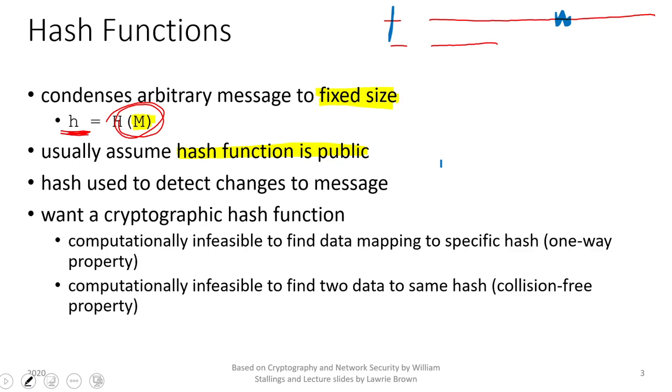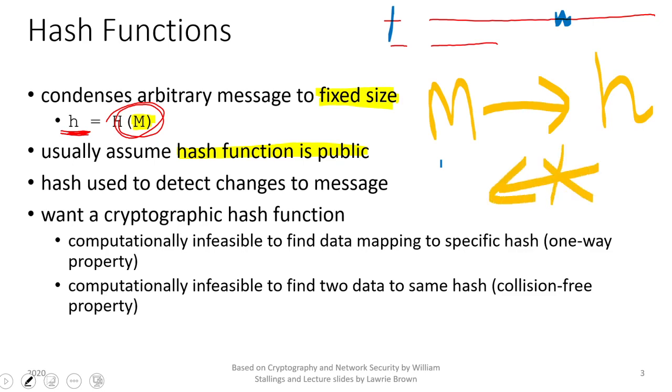If we have a message and from the message we get a hash, it should not be possible to do the reverse and find the message from the hash. It should be infeasible to find data mapping to a specific hash. This is what we identify as the one-way property. So it is only one way. We cannot do the reverse of the operation.